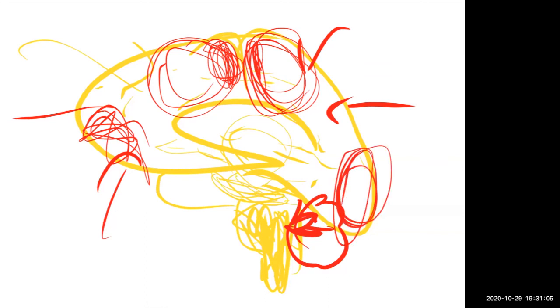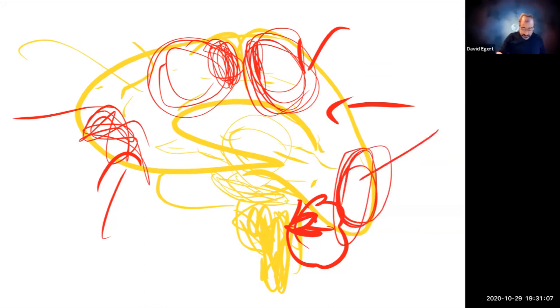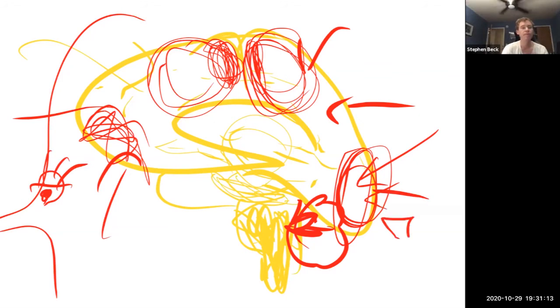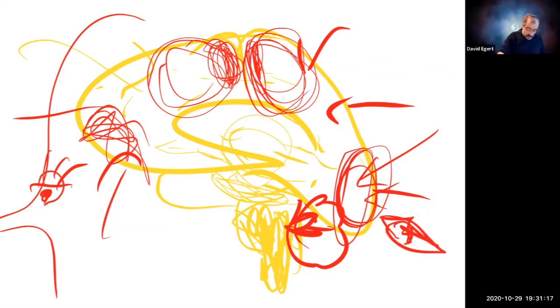What do we have back here? Primary visual cortex. And then we had the auditory cortex up in the temporal lobe. There was lots more, but I think that's good enough for now.